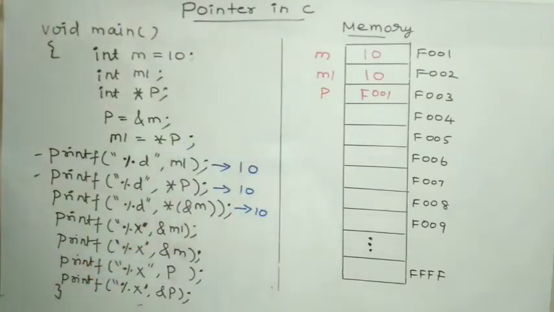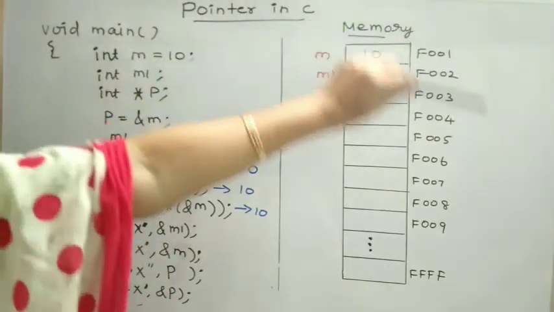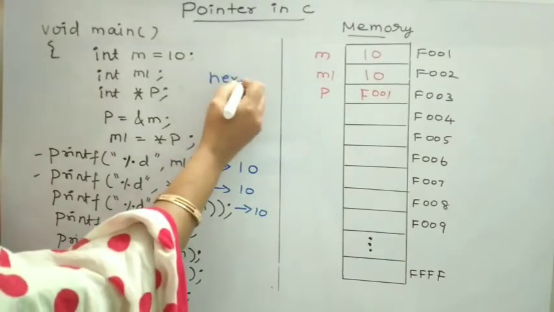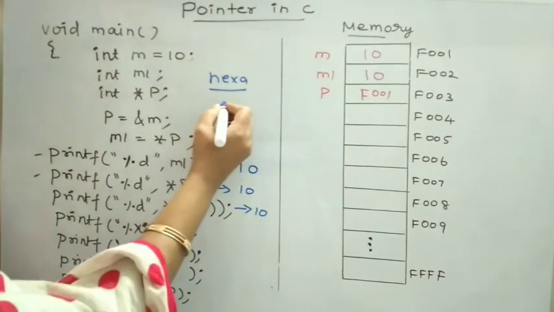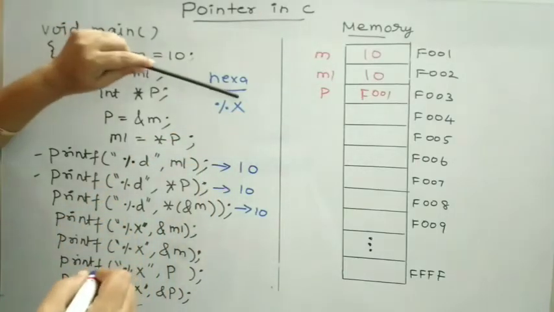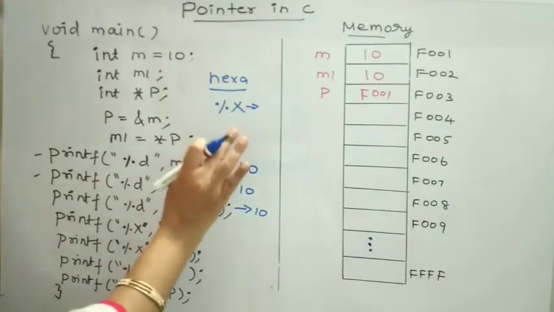When I execute the next printf statement, if I am printing a memory address, basically a memory address is a hexadecimal value. If I want to print a hexadecimal value, the control string should be %x, uppercase X or lowercase x. Then the hexadecimal value will be printed as such.